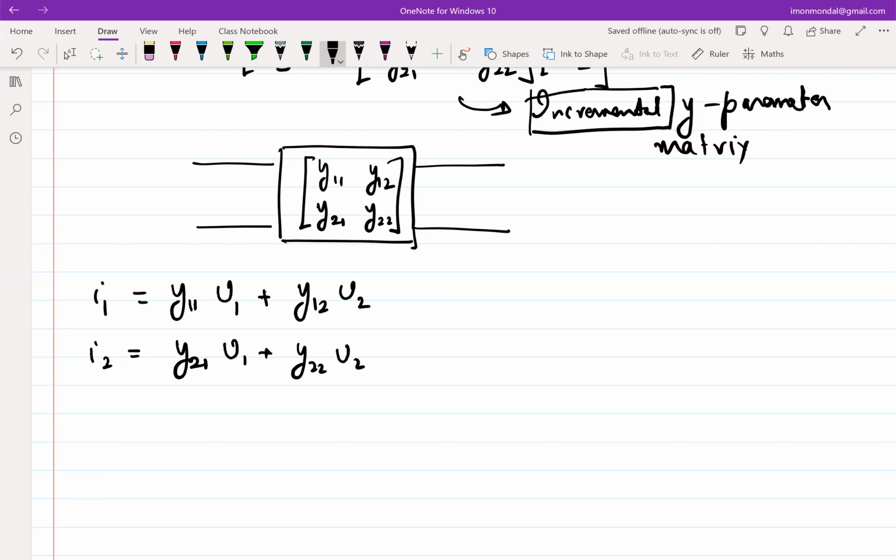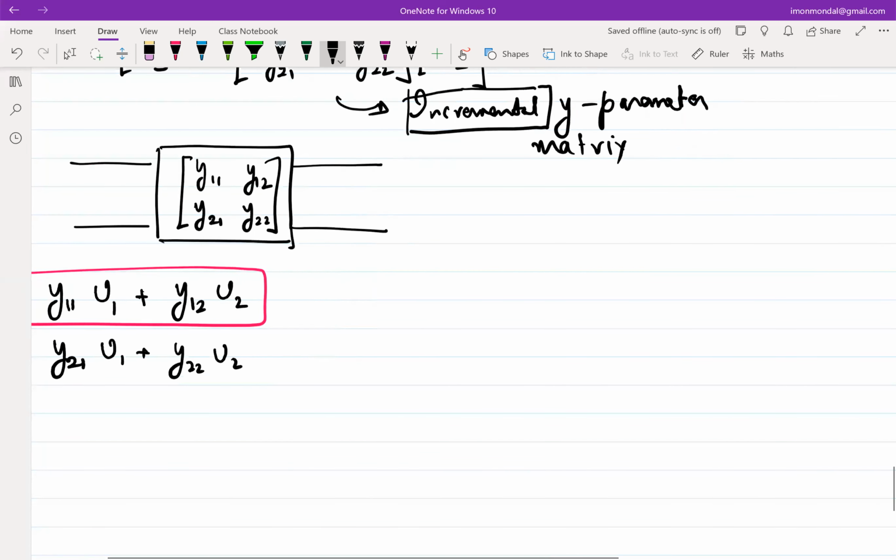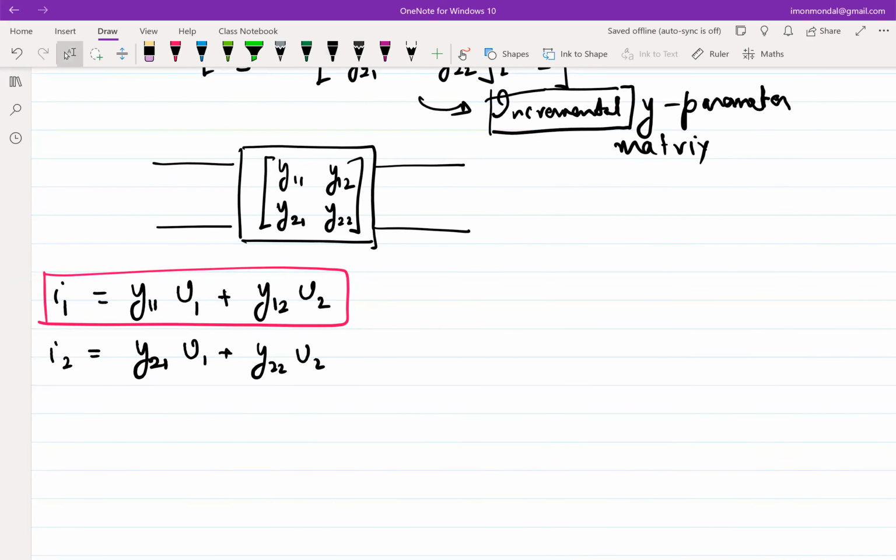I should be able to. So let's take I1 for example and concentrate on this equation. What is this telling us? This is telling us that there is a certain relationship between I1 and the ports 1 and 2. So this is port 1 and this is port 2.